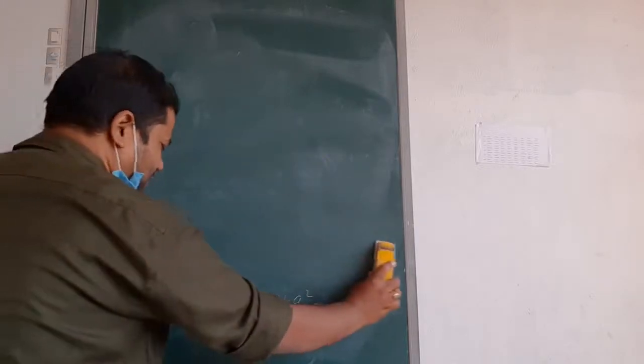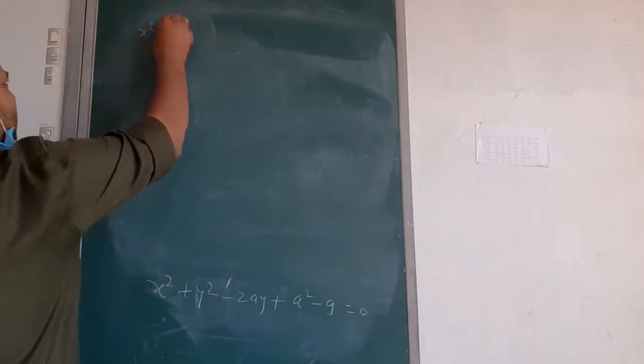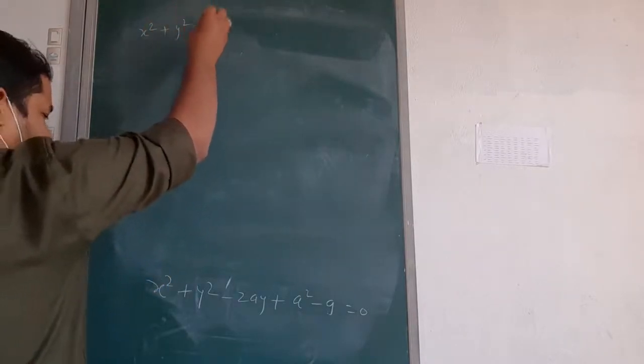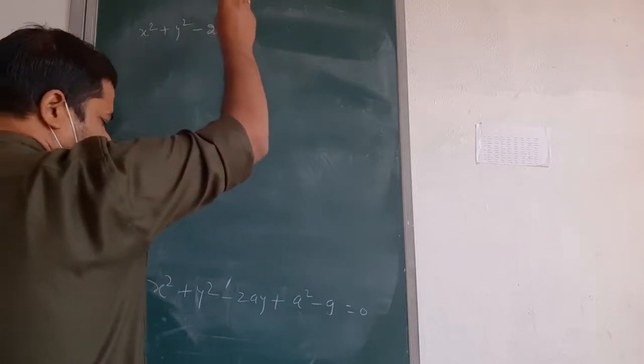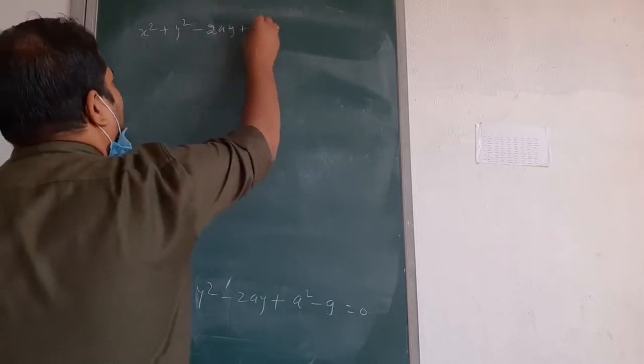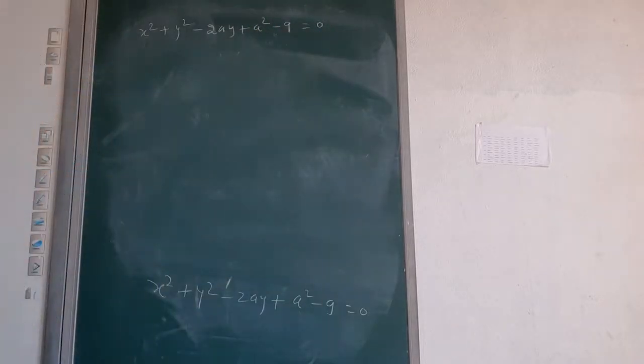This is x square plus y square minus 2ay plus a square minus 9. Only one arbitrary constant is there now, that means only a differential equation of the first order.